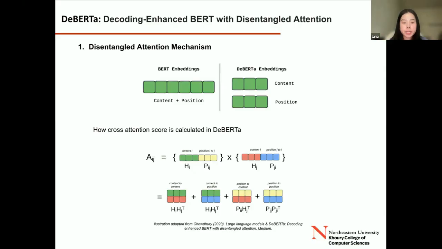And when we break it down, the calculation is decomposed into four components: content-to-content, content-to-position, position-to-content, and position-to-position. The position-to-position information is actually not very important, so we can disregard it. So the attention score is decomposed into three components and calculated as this diagram shows.